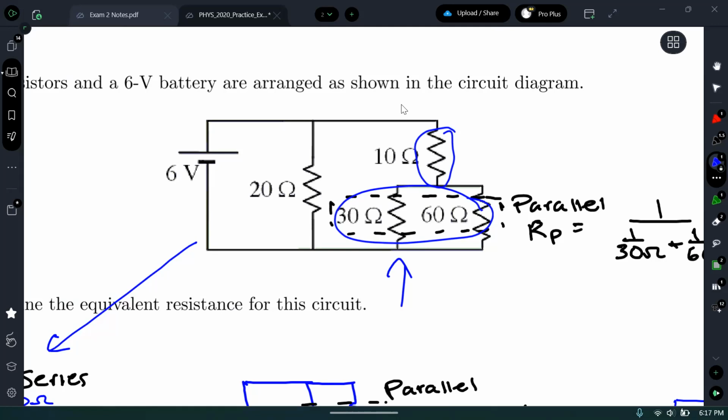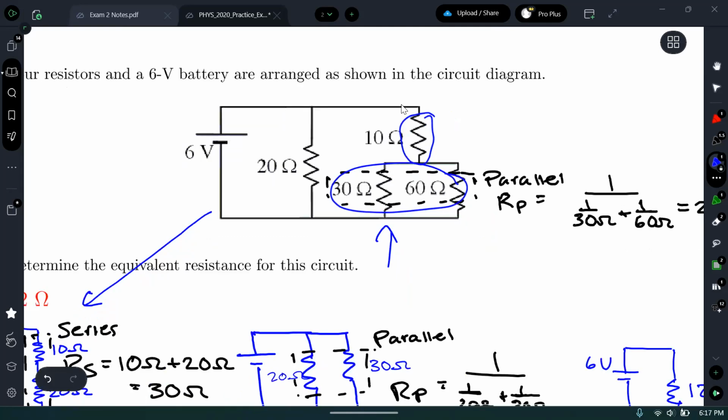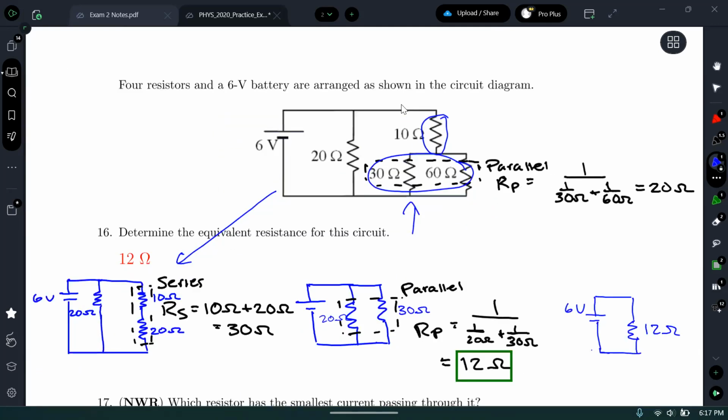No, so the 30 and 60, they have the same voltage as each other. And that voltage is the same as their equivalent resistor, the voltage across it, whatever that number was. I don't know what that number is, just looking at this circuit. I just know it's the same number.